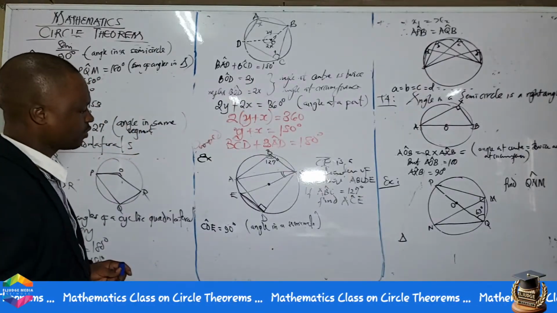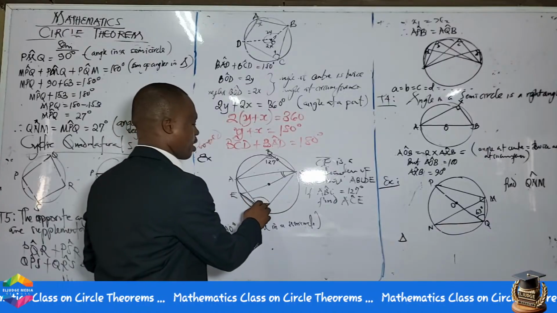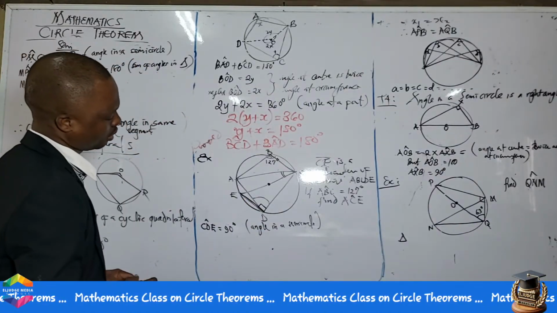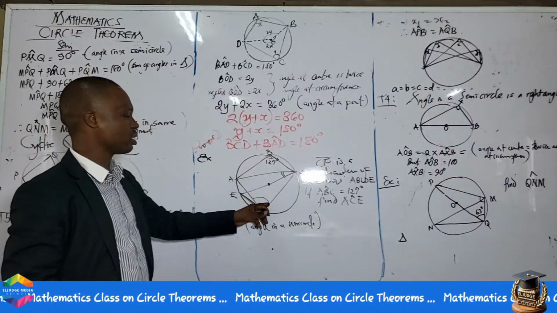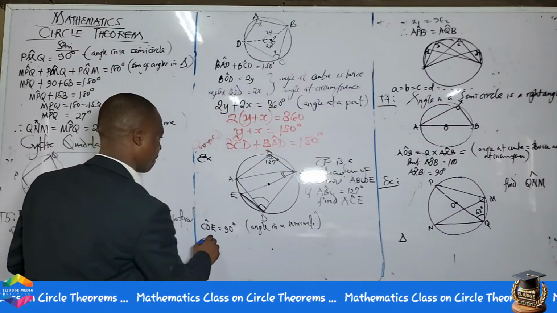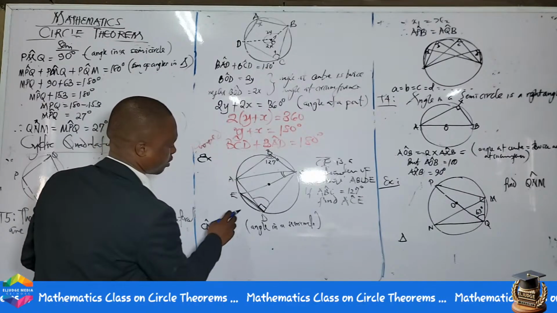That has been solved, but we know that the angle here is actually opposite angle to this B. ADC is different from ACE.